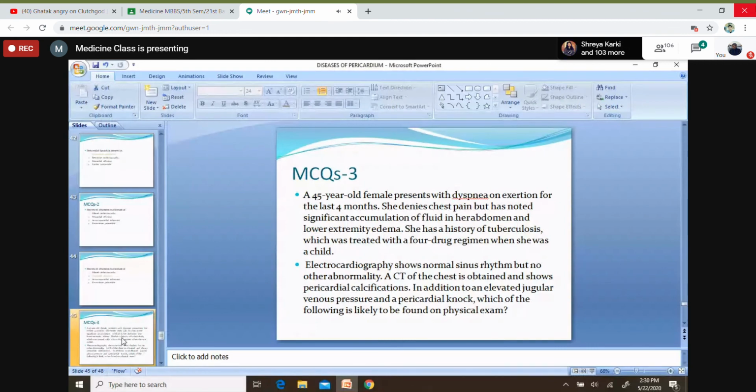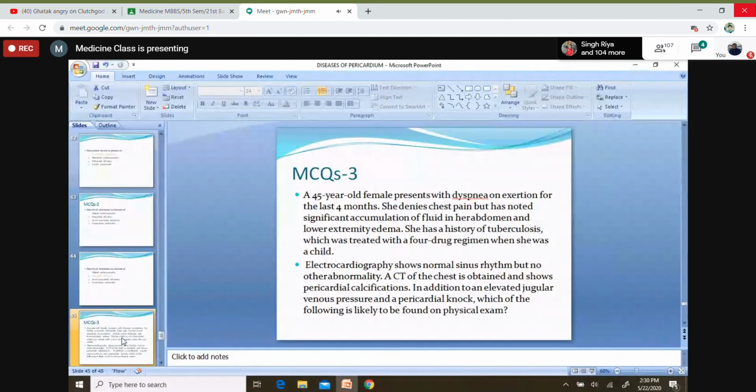Okay, the last question. A 45-year-old female presents with dyspnea on exertion for the last 4 months. She denied chest pain but has noted significant accumulation of fluid in her abdomen, and she also complains of lower extremity edema. She has a history of tuberculosis during childhood, which was treated with a 4-drug regimen.